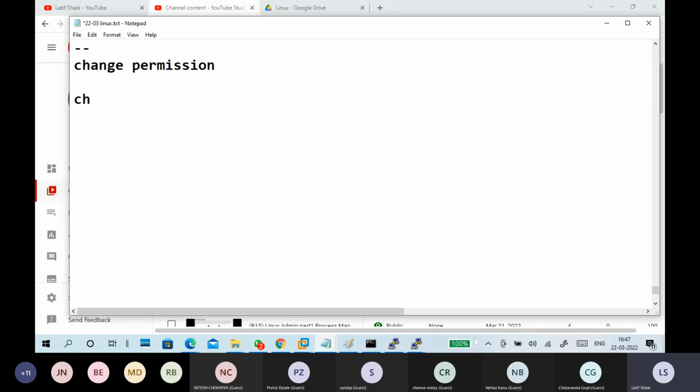If you are okay, chmod is for changing permissions, chown for changing ownership, chgrp for changing group. And how to change user group kind of stuff, and other things are there.